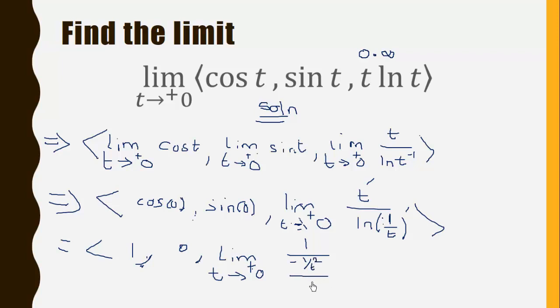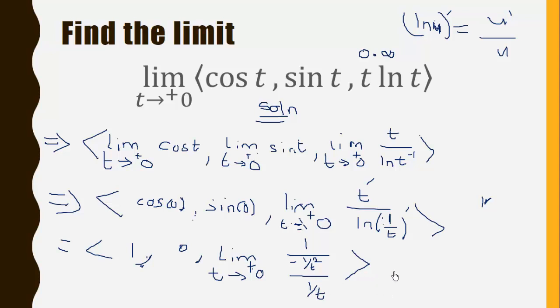Now what we are saying is that the derivative of a ln function is equal to u prime over u. So if we differentiate this, we get -1 over t squared, over the function itself, 1 over t.